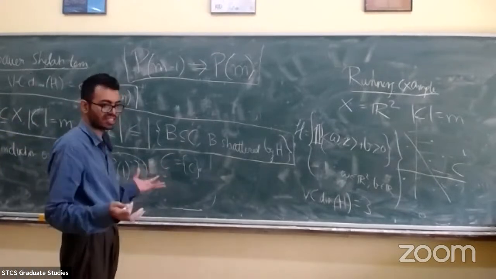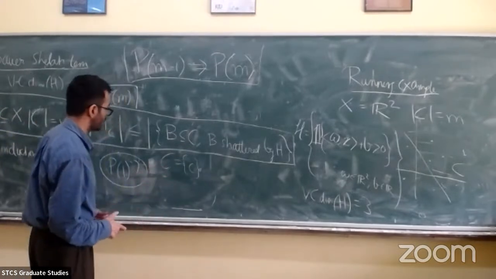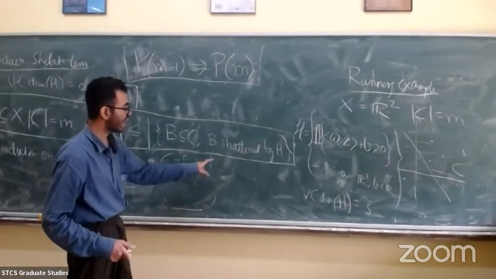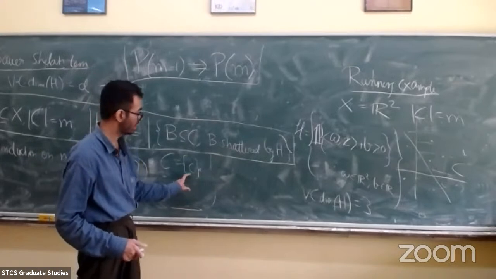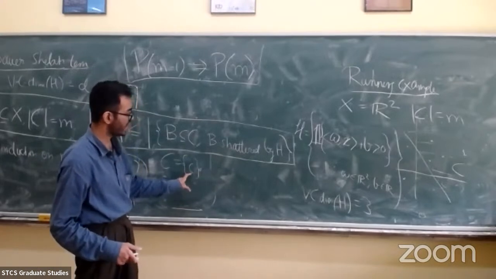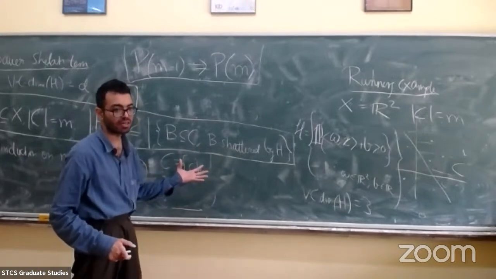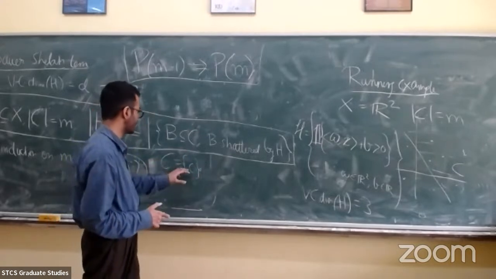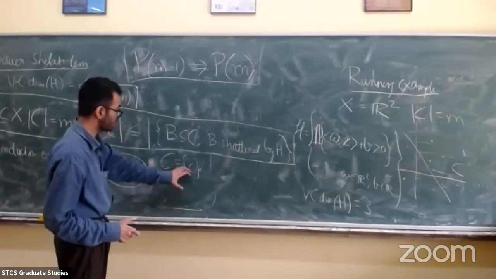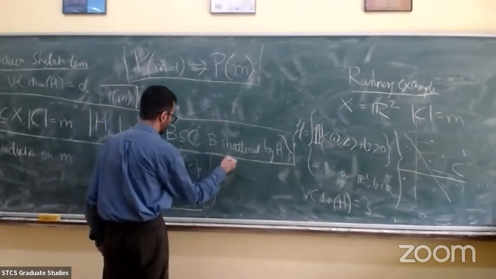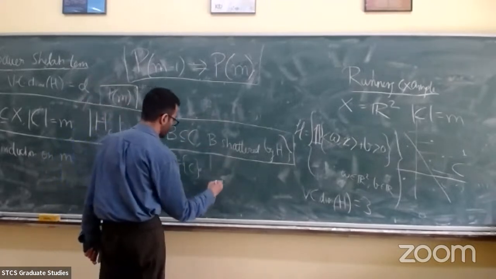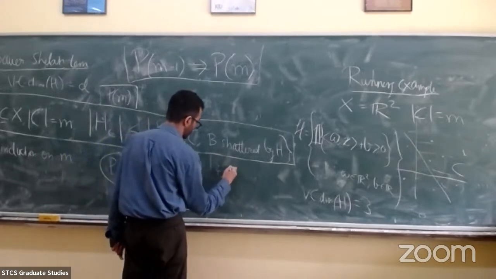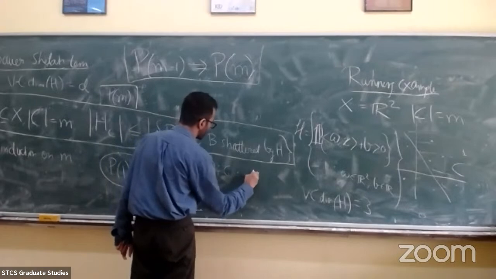So once again, the same argument. Either C is shattered by H or it is not. If C is not shattered by H, then the VC dimension is exactly 0. So if C is not shattered, then this quantity is 1.